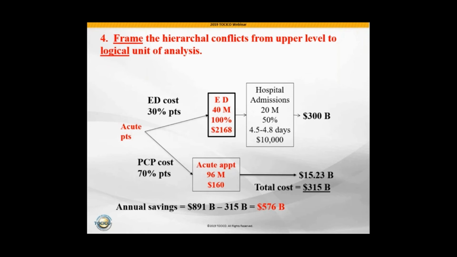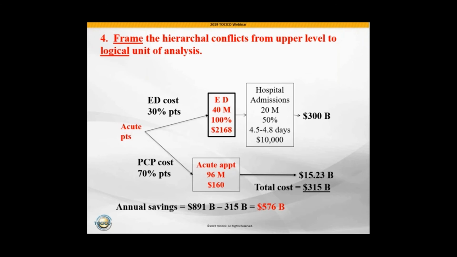By the way, if you divided that number out by the number of primary care providers, it comes out that each primary care provider would have to treat 2 more patients, 2 appointments a day would cover that number, that 100 million people that go to the emergency room that shouldn't.